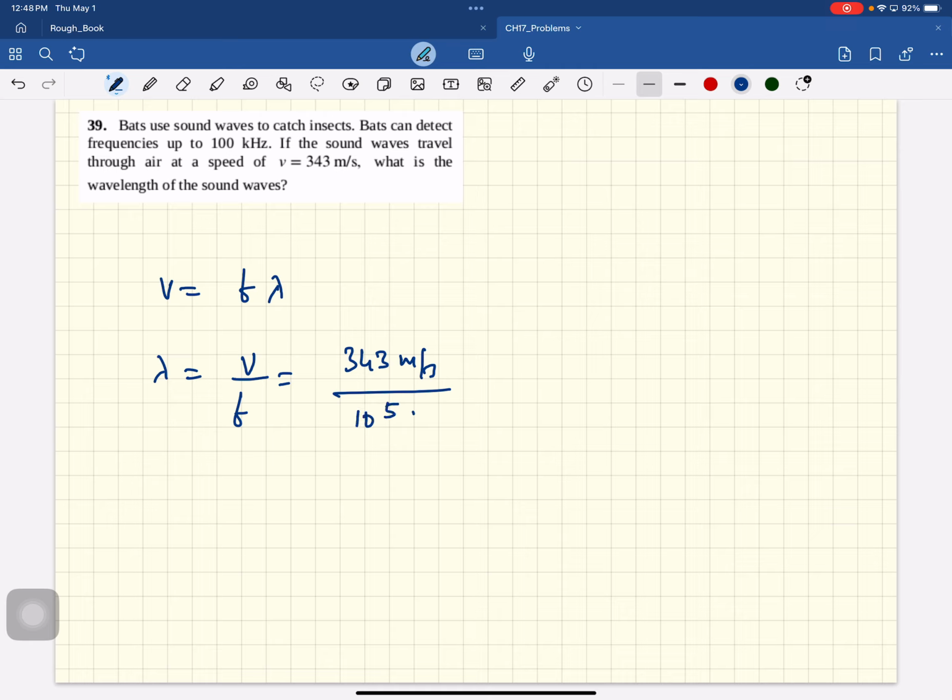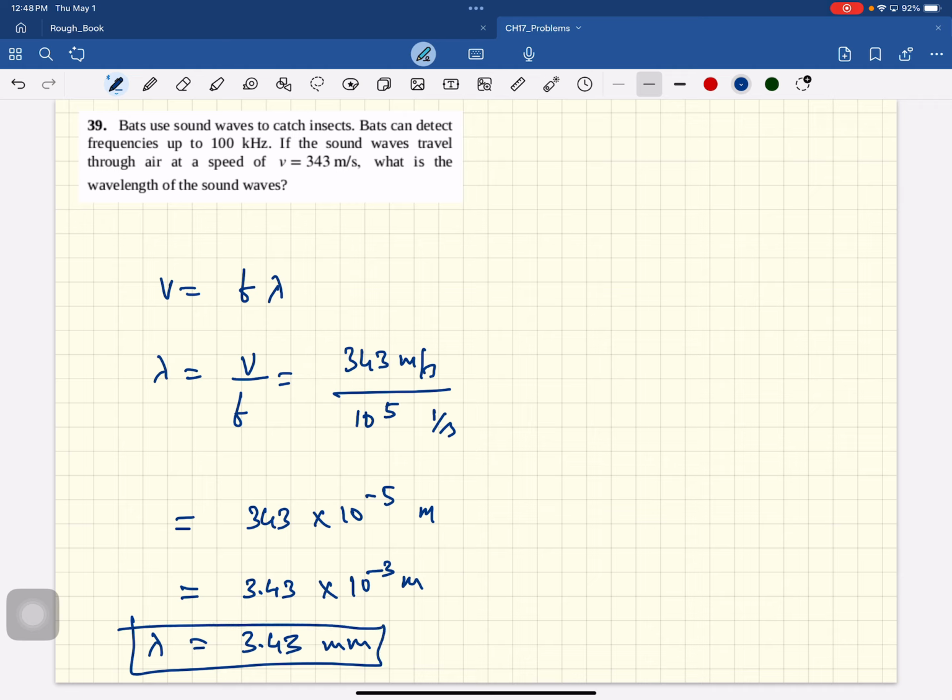That's 10 to the power 5 hertz. And hertz is 1 over seconds. So this is 343 times 10 to the minus 5 meters. This is 3.43 times 10 to the minus 3 meters, 3.43 millimeters. So the wavelength of this sound at 100 kilohertz is that.